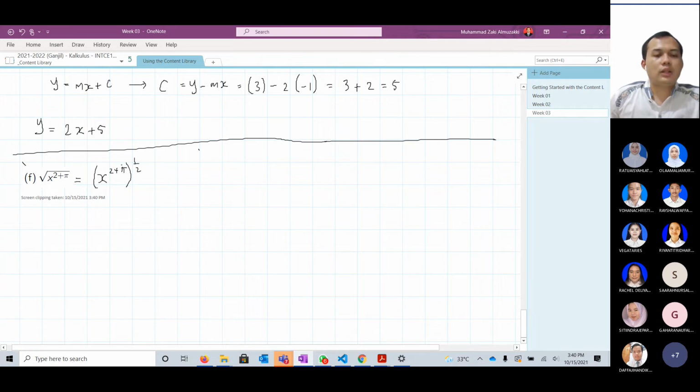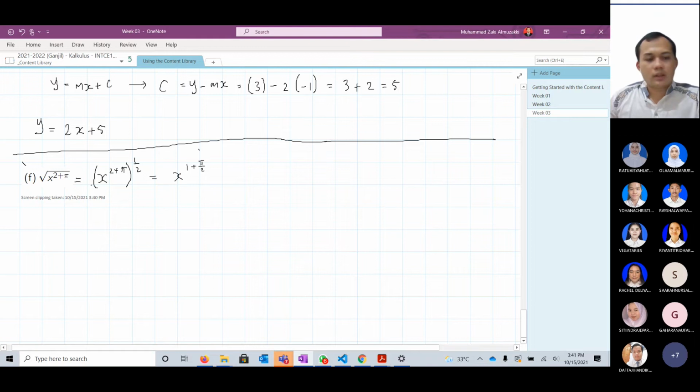Jadi akar itu adalah sesuatu pangkat setengah. Jadi apapun yang ada di dalam akar dipangkatkan setengah. So in this case we have x power 1 plus pi over 2. Jadi karena pangkat terus dipangkatkan lagi, maka pangkatnya kita kalikan ya. Okay, up to this point is it clear? Sampai sini apakah jelas?